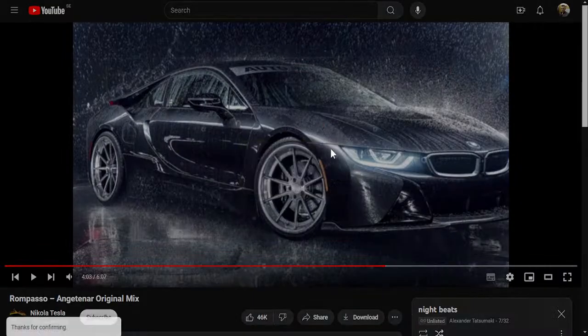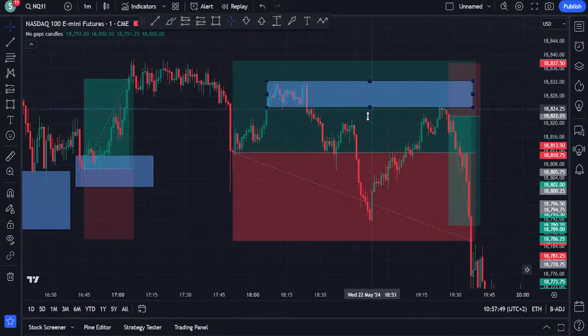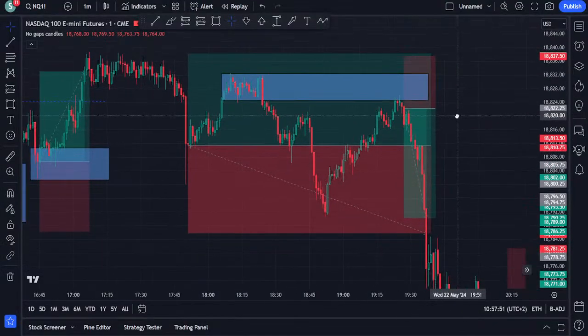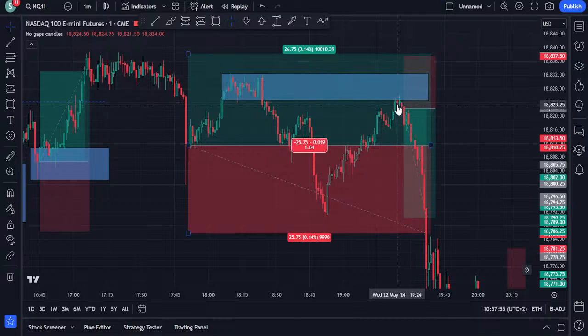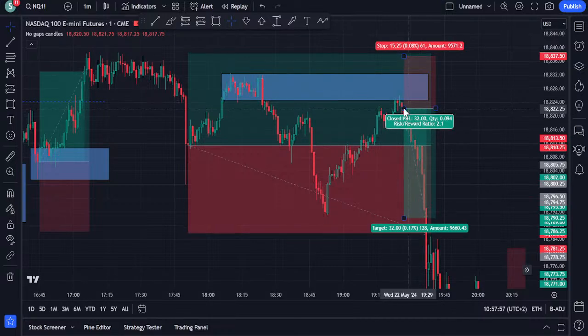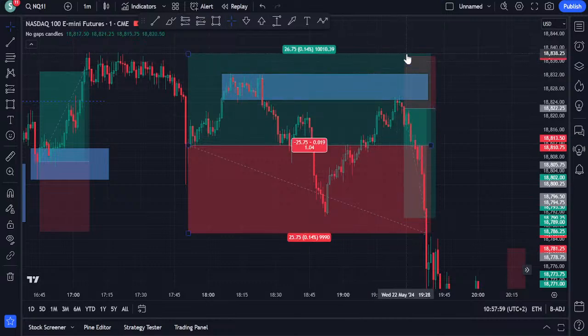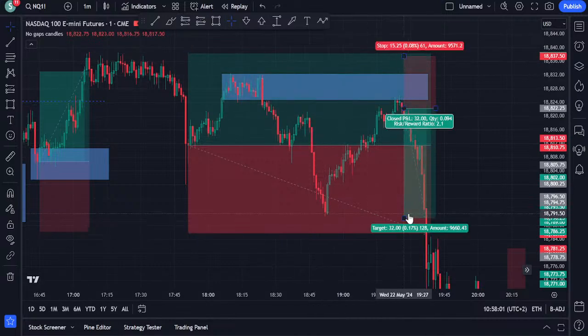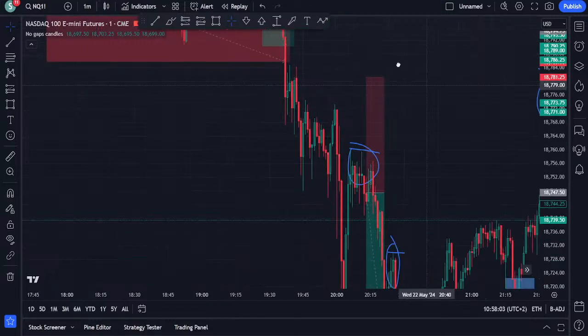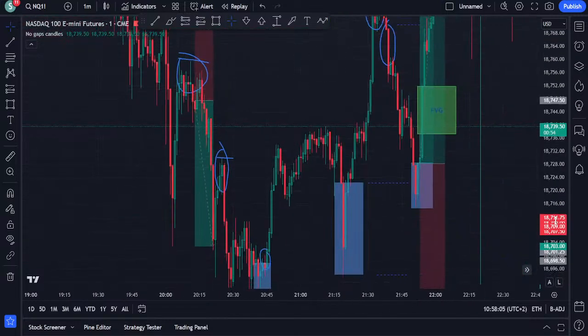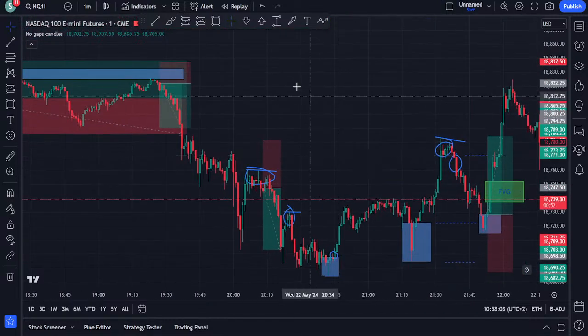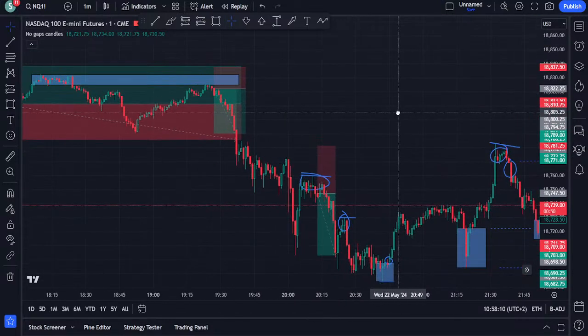And that means with the retrace we get to this level. I enter on the signal short here with the stop above here, targeting the low here. And there are more ideas which I will probably explain at a later time.